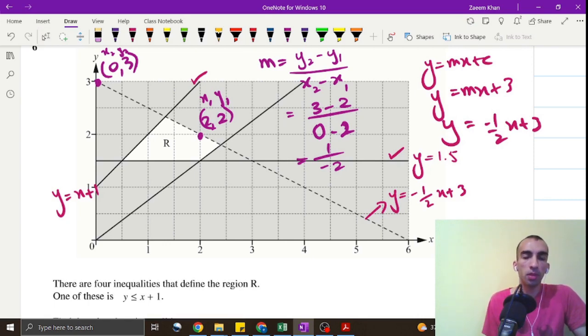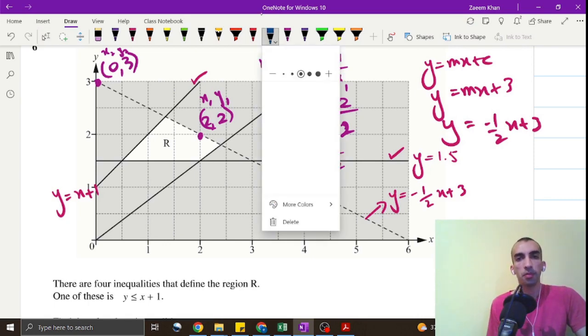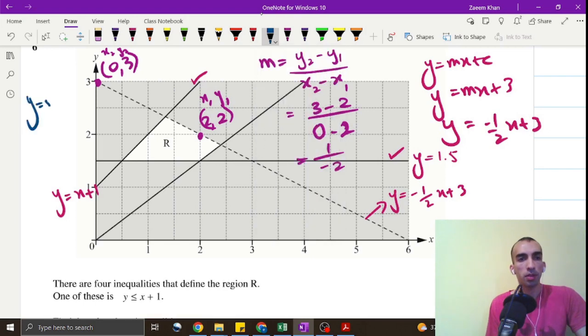So let's use the same method and write y equals to mx plus c. Now we're solving for this line, right? What's the y-intercept of this line?